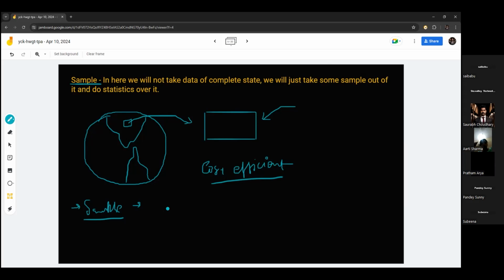Few packets of Maggi, right? Correct. We will take a few packets of Maggi, and we'll assume that these 10 packets represent the whole warehouse. Yes, it is representing the whole warehouse.